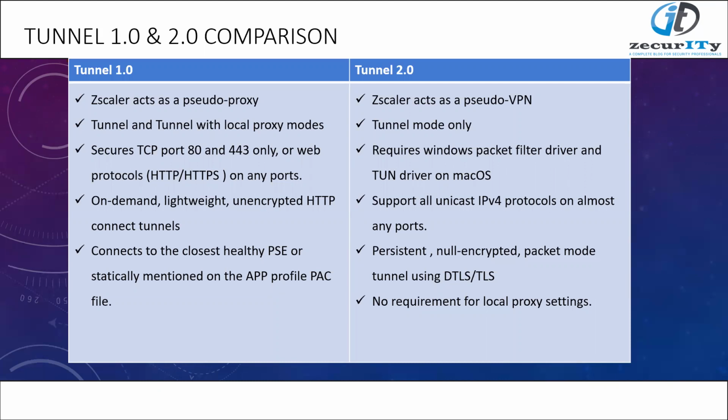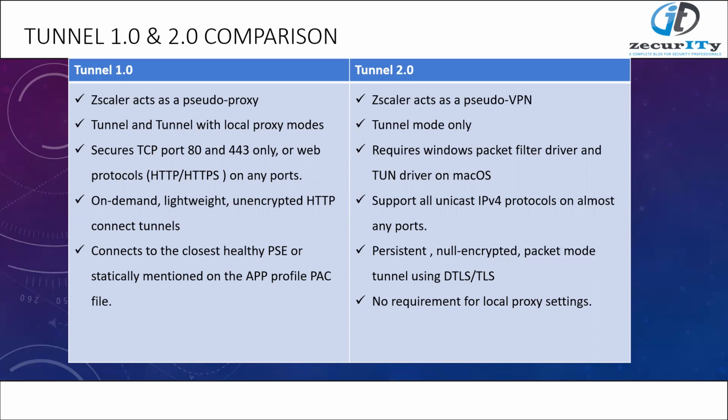Tunnel 1.0 supports web-based protocols like HTTP and HTTPS on any ports. Tunnel 2.0 requires the Windows packet filter driver, and the tun driver on Mac operating systems. And Tunnel 2.0 will send almost all ports from the client connector to Zscaler public service edges or private service edges.